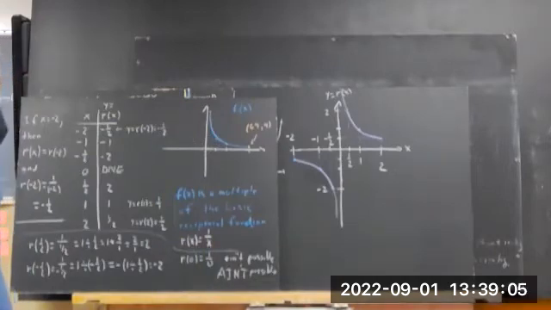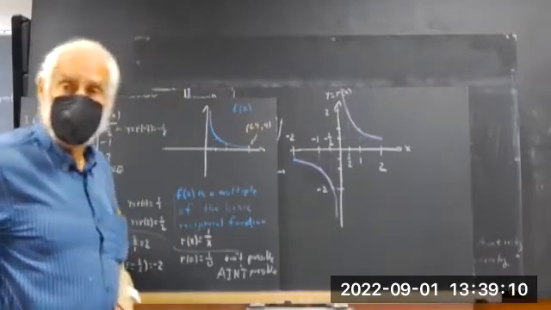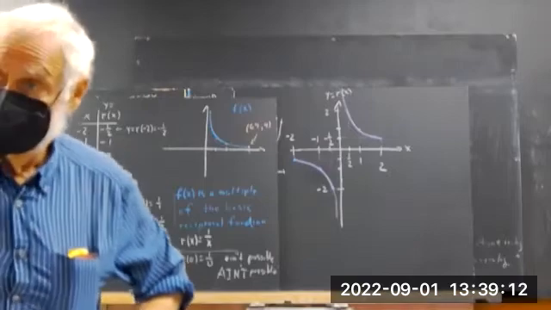Now, this graph is good for a lot of things. And I'm not sure I'm going to have time to do an example, but I want to do a little more algebra with this. Okay.